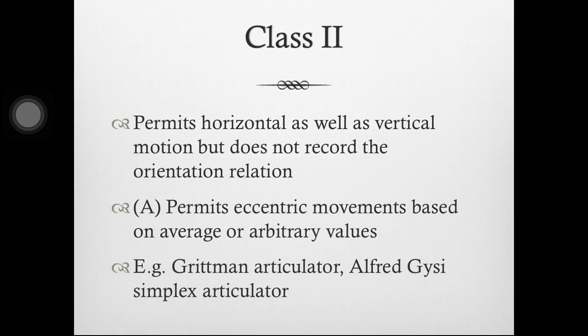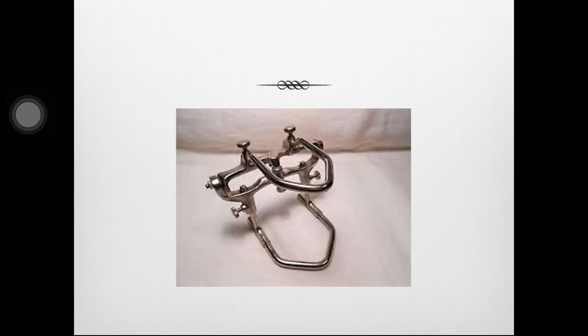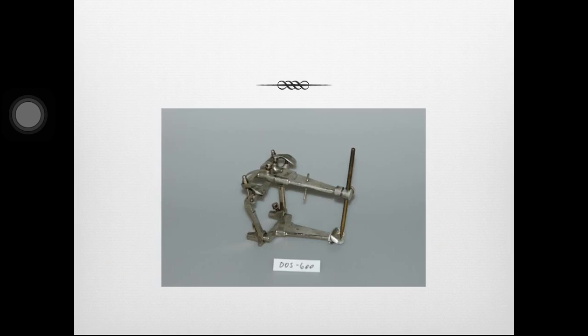There are further classifications of class 2, which are class 2 division A, which permits eccentric movements based on average or arbitrary values. These are some of the names of the class 2 type A, and these are the representative pictures.